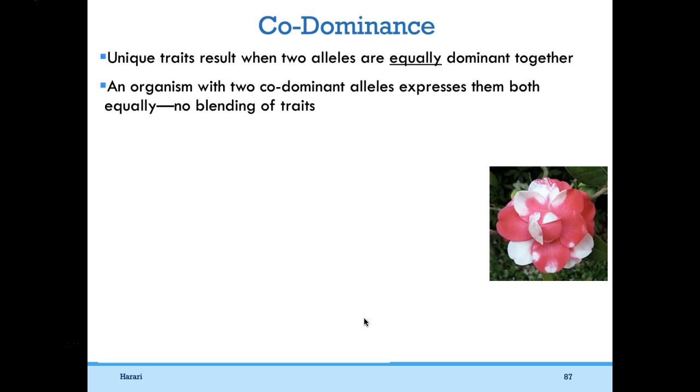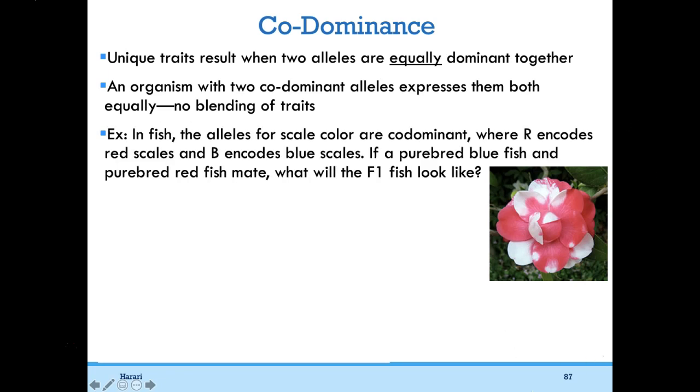What this means is that an organism can express both dominant traits equally. One doesn't mask the expression of the other. There is no blending. Both are expressed. So for example, this flower is expressing both white and red pigment. It's not that red is completely dominant over white, because then the entire flower would be red.